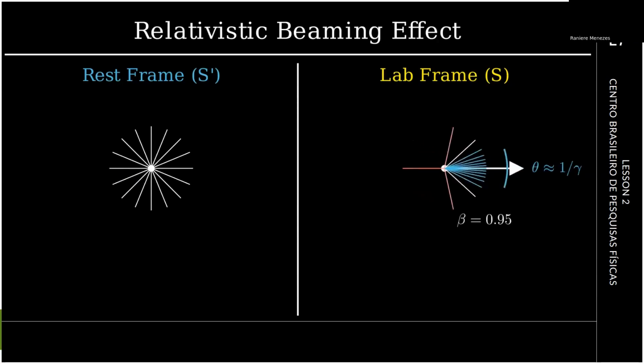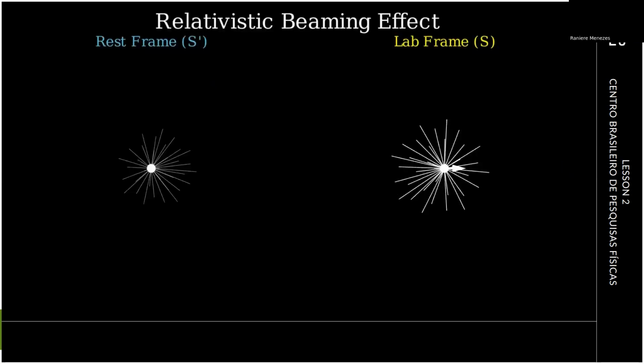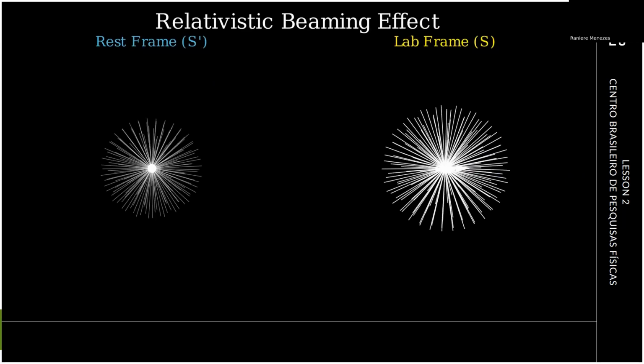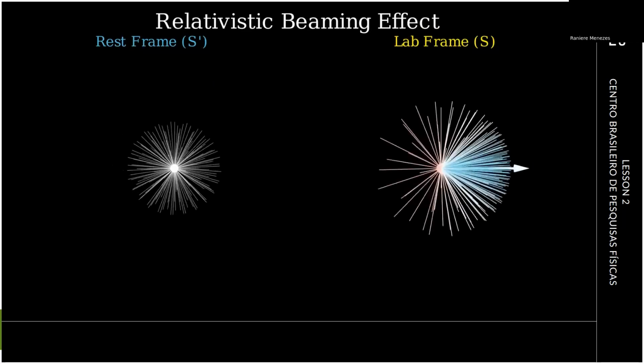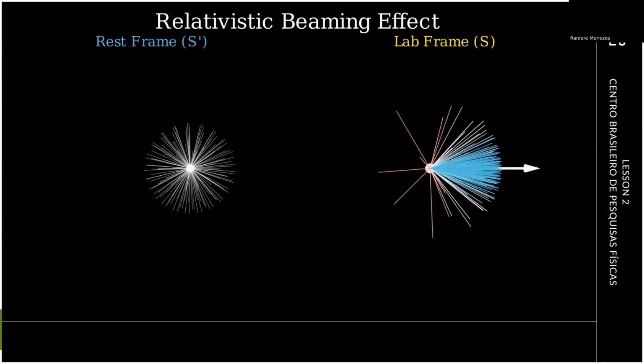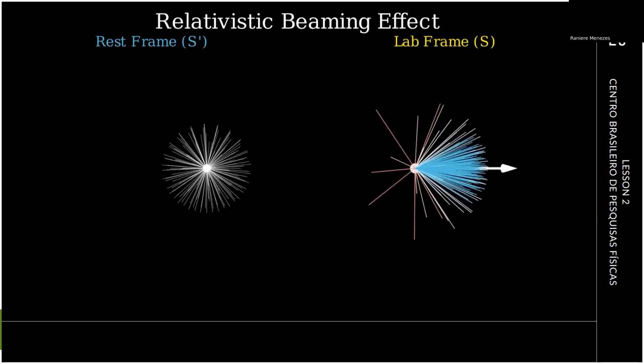So the radiation is not only beamed, it's also boosted in energy, so it becomes bluer in the direction of motion. Here is the same thing done in 3D, just because I thought it was really cool. In the direction of motion, the radiation is concentrated and is blueshifted.